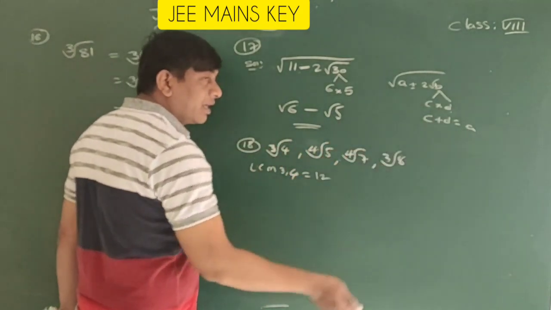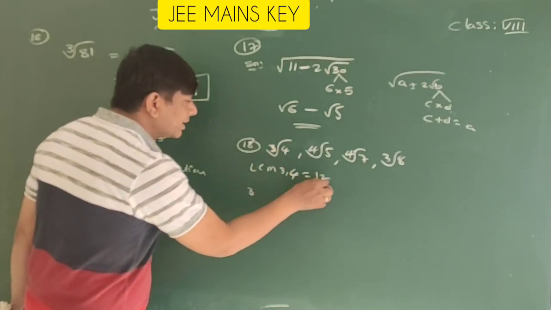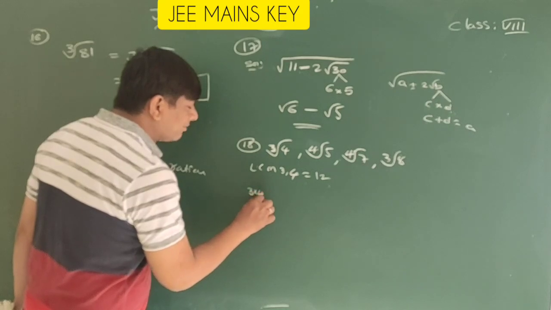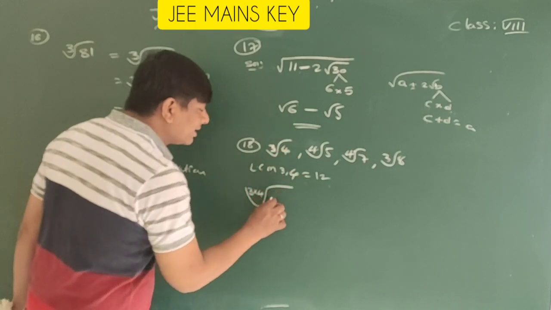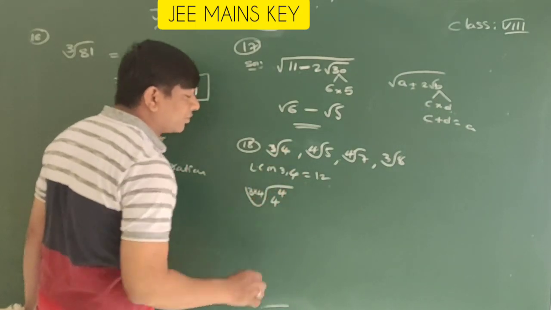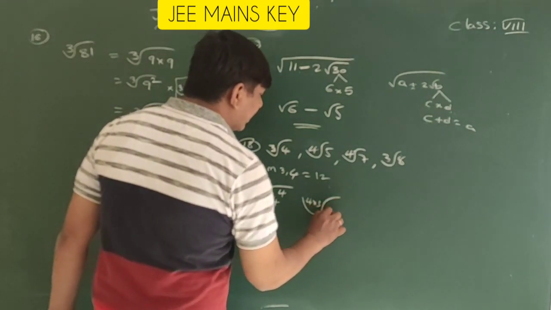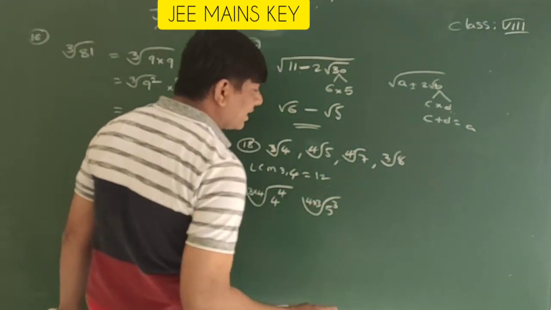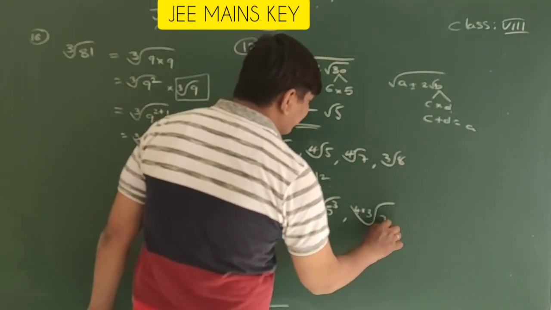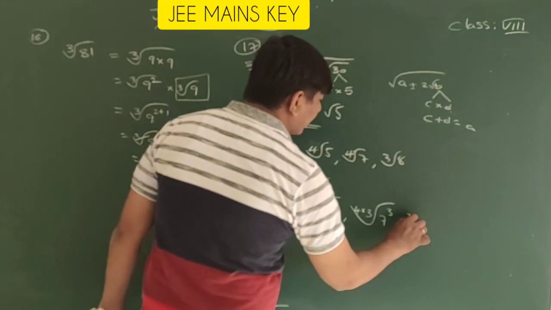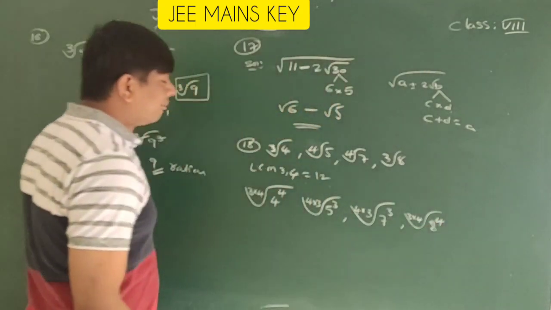To get 12 from 3, I have to multiply with 4. When you multiply, the radicand's power is raised that many times: 4 power 4. For the fourth root, multiply by 3, so 5 is raised to 3, and 7 also is raised to 3. 8 is raised to 4.